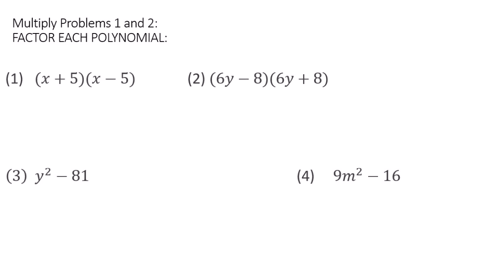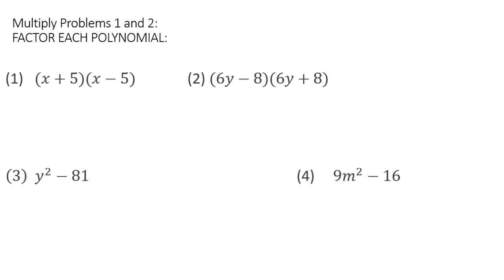Okay, so just to reiterate and help us understand, knowing how to multiply these and what happens when you multiply these binomials can help us to understand why the factoring works, right? Because remember, factoring is kind of reversing the multiplication.